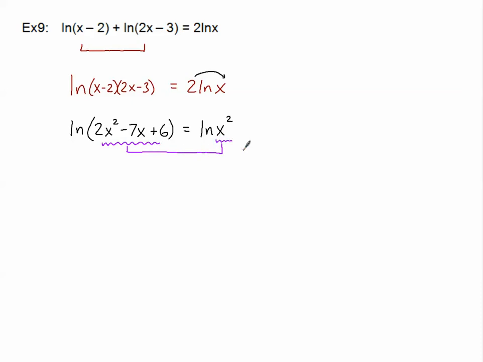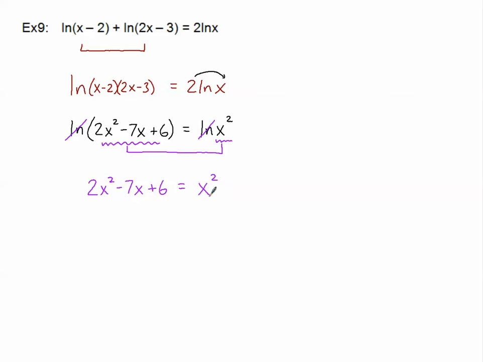So it's like the logarithms are kind of irrelevant at this point. I just need to know that the 2x squared minus 7x plus 6 is equal to the x squared. The logarithms, they don't divide away. They just become irrelevant. So this expression has to equal this expression.